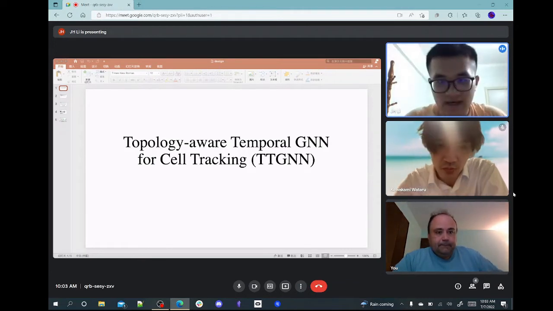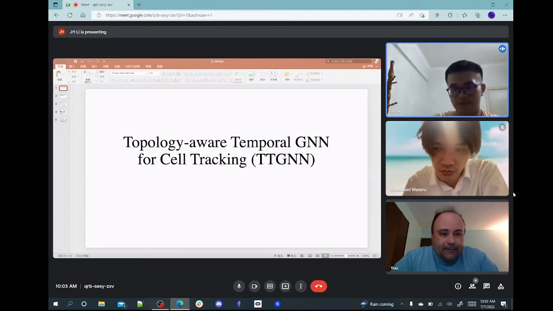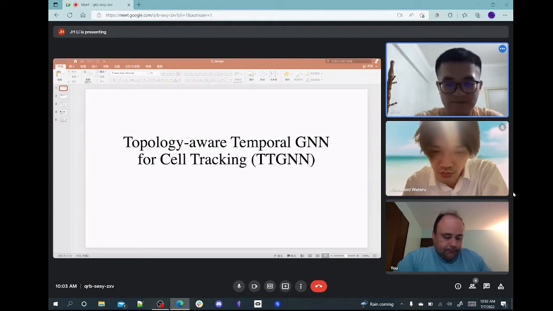And probably you're very familiar with these topics, such as cell tracking and GNN. But I want to briefly introduce some background of automated cell tracking as an introduction to our research idea. First of all, automated cell tracking is the automated construction of cell trajectories or cell lineage trees based on microscopy images and videos.